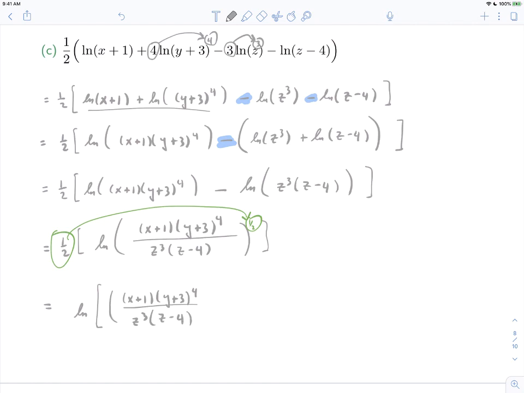And all of this is going to be raised to the 1/2 power, which we could write as the square root. Like so. And there's your answer.